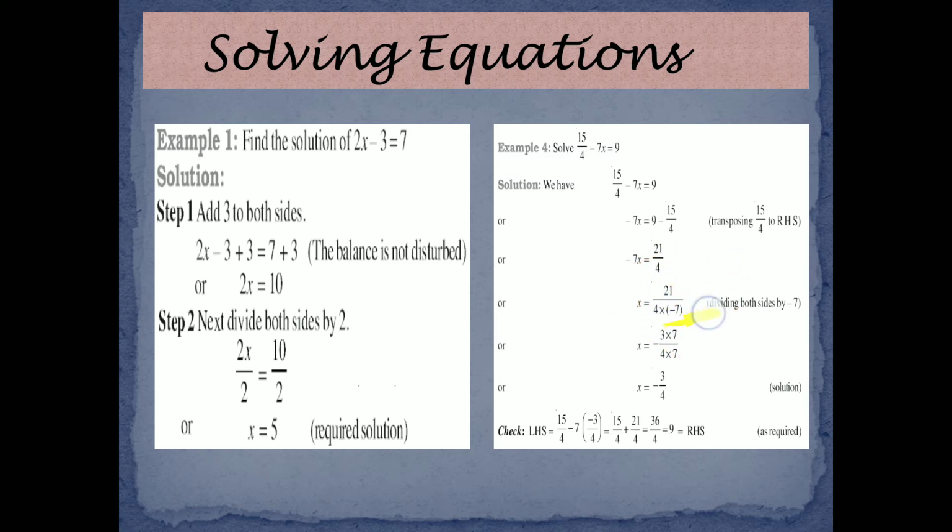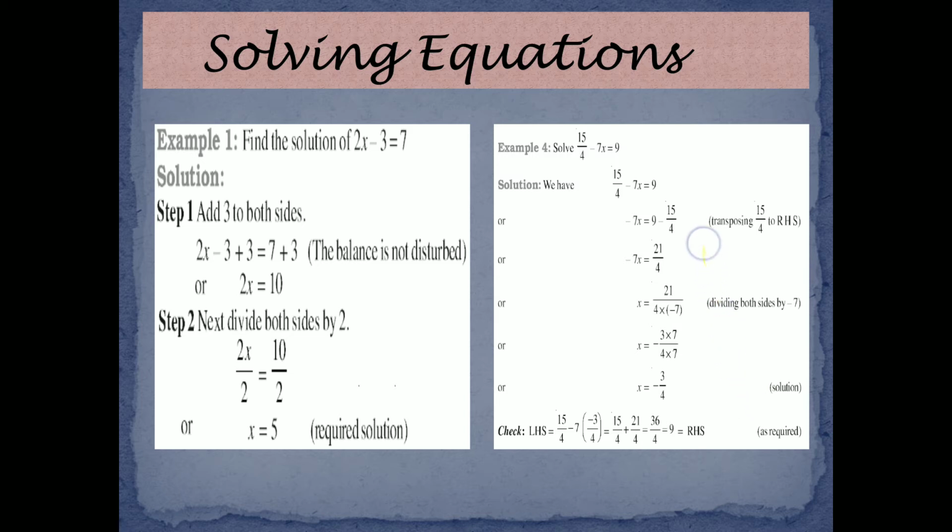After dividing, we can see that this becomes 3 into 7 and this as 7. He has not mentioned the minus over here, but the minus is in front. So 7 and 7 get cancelled, and your answer will be x is equal to minus 3 by 4.